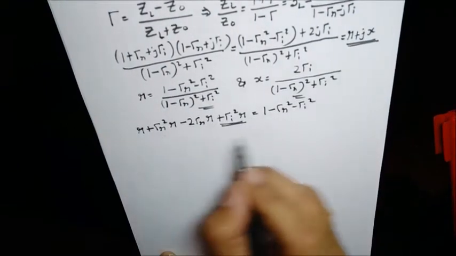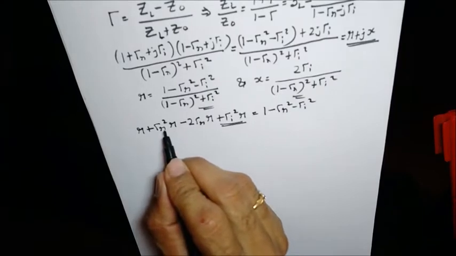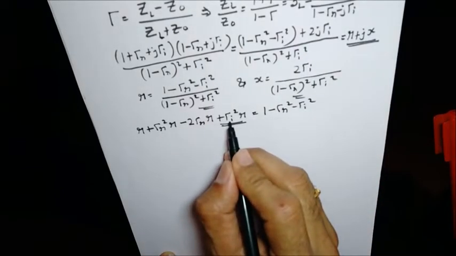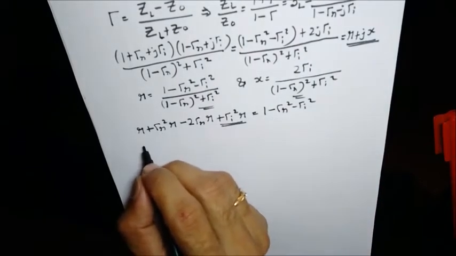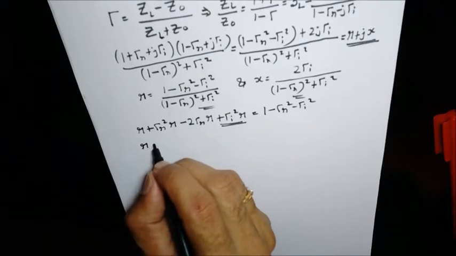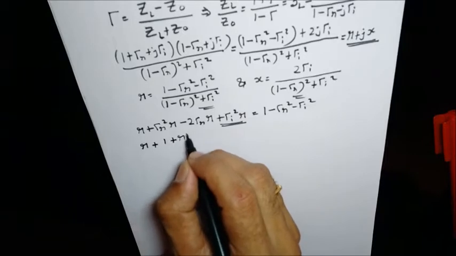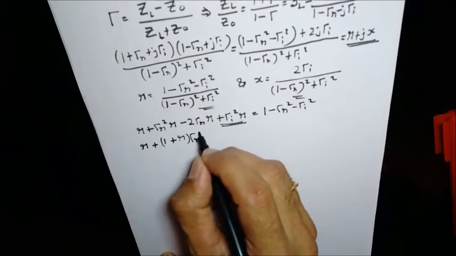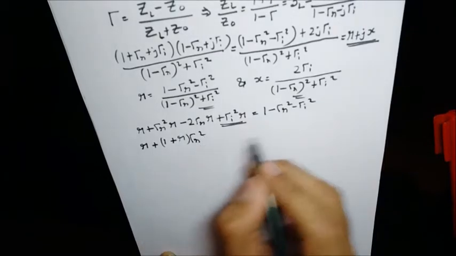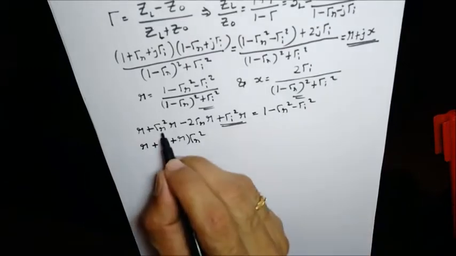Now you can see that if you bring this gamma r square here and this gamma I square here, you can write it as r plus 1 plus r gamma r square. So this is by virtue of this being brought here.